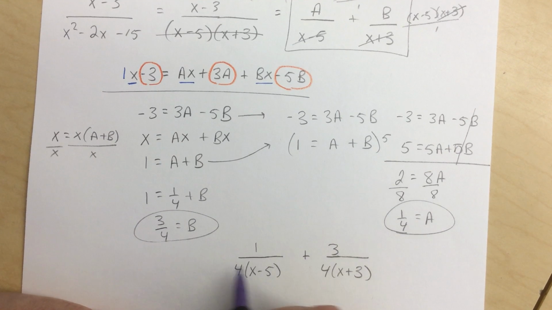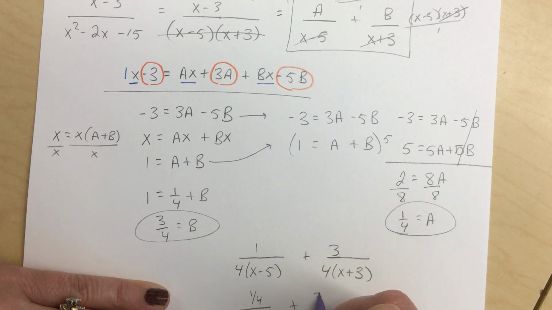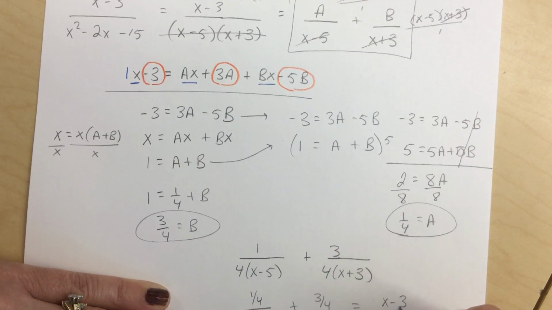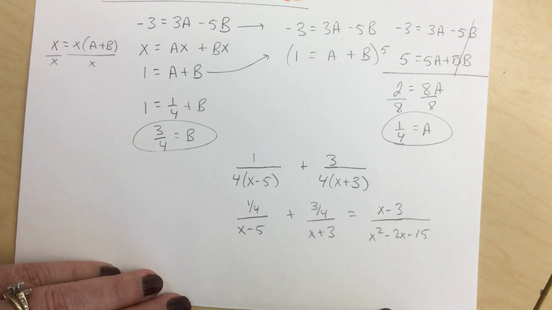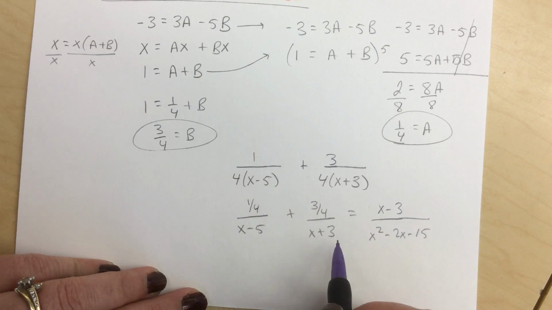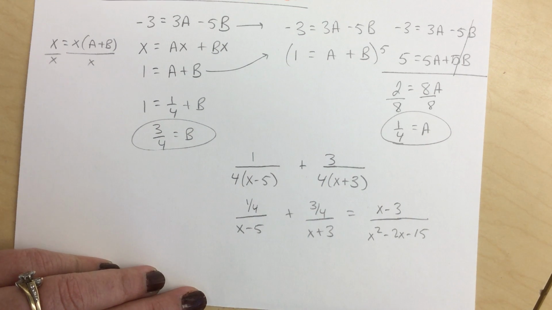If you want to have the 4 up on top, you could say 1/4 over x minus 5 plus 3/4 over x plus 3. And then that equals our original problem, x minus 3 over x squared minus 2x minus 15. So we found the numbers that would go in these fractions so that when we added them together, we would get x minus 3 on top.